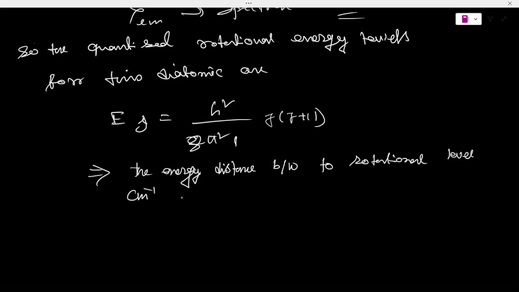So the wave number corresponding to delta E is given by u is equal to delta E divided by hc, in units of centimeter inverse.